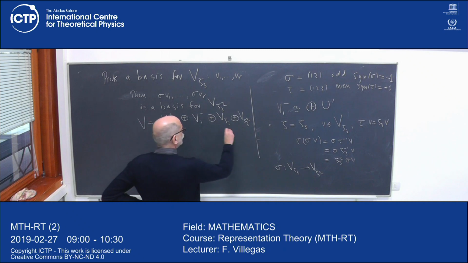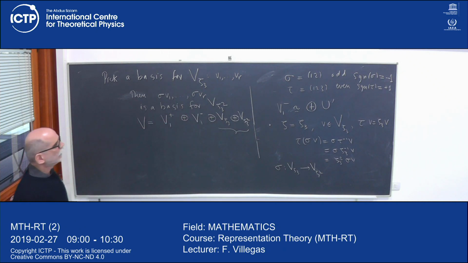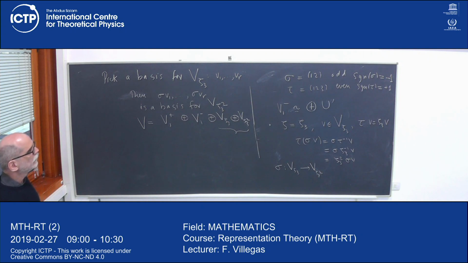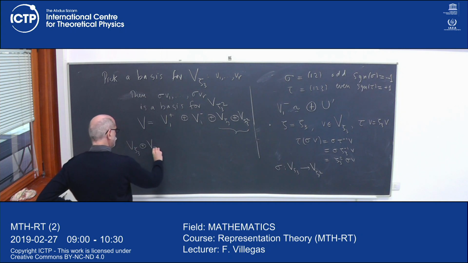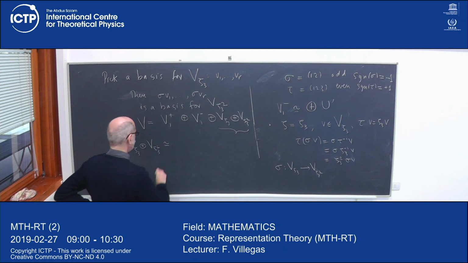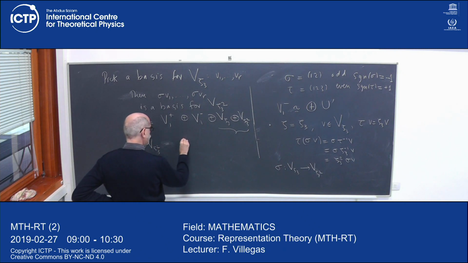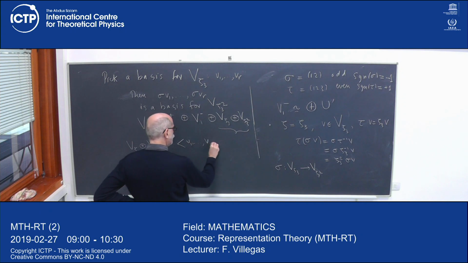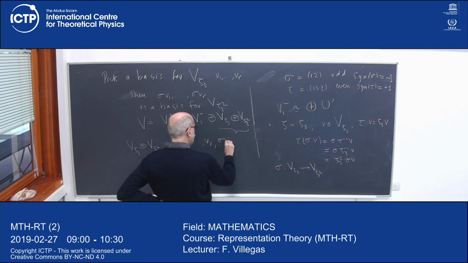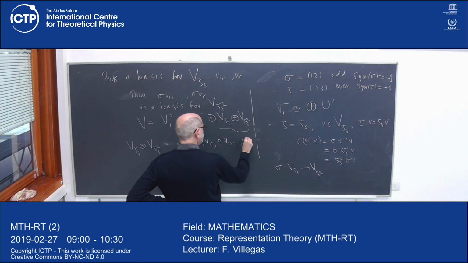Okay, so I can look at this space here and write it. This is the space generated by my vectors v1 up to vr, and the vector sigma v1 up to sigma vr.